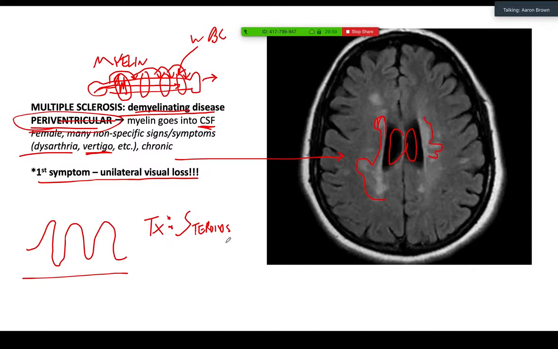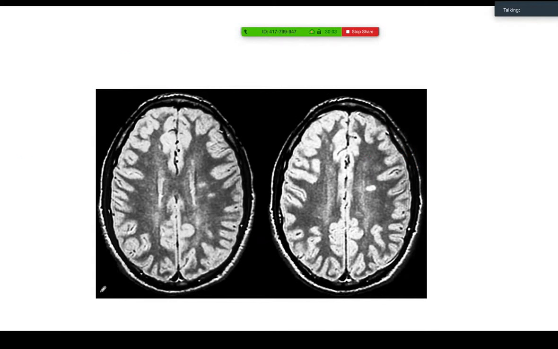And then as soon as the symptoms resolve, typically we're going to taper those steroids off, because we don't want to leave patients on steroids for too long. Okay? That's our multiple sclerosis. We can see here these really nice images of demyelination right around the ventricles. You can see these big white areas, right? In the area of where the ventricles are. So that represents demyelination.